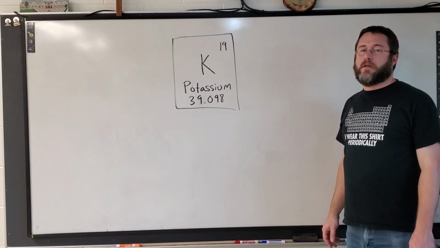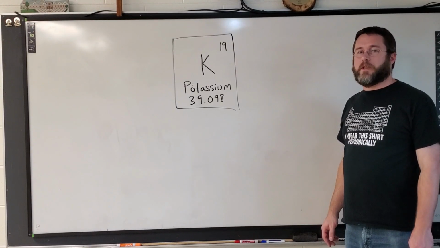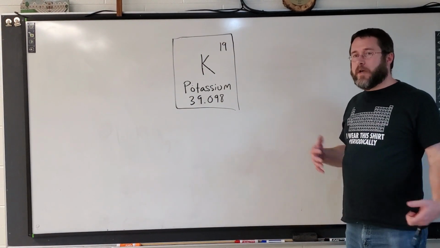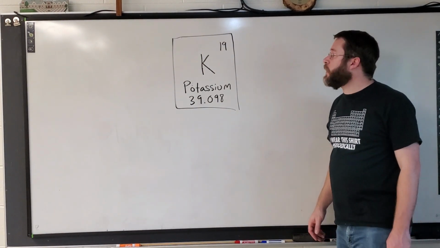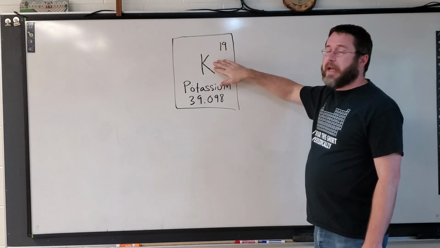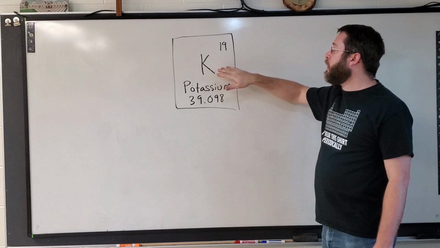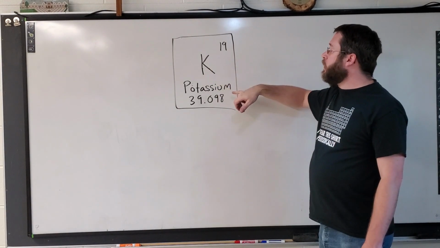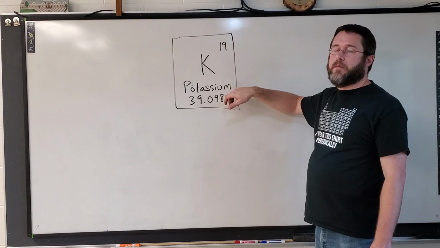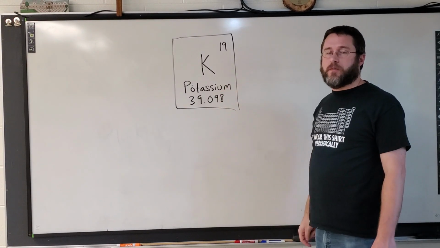So we've used the periodic table of elements some in class, but let's look at the different parts. We know it's made up of a whole bunch of squares and lots of elements. So here's just one. One square has a giant K in the middle of it. The K is the atomic symbol. In this case, it's representing potassium. Some elements use the first two letters of the name.